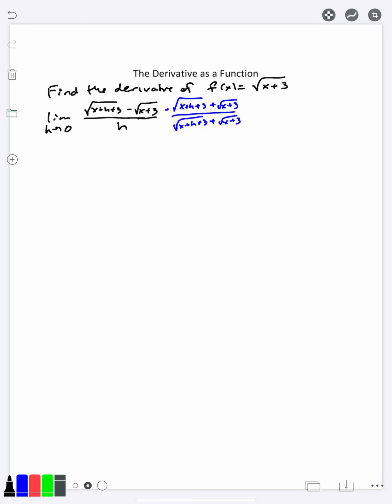And then I'm going to skip a little bit of work here, but I'll leave it to you to show it all out. So if you FOIL out on top there, remember if you have a minus b times a plus b, it becomes a squared minus b squared. So you're going to have x plus h plus 3 minus x plus 3. And then the denominator is going to have the original h and then this conjugate that you multiplied by.